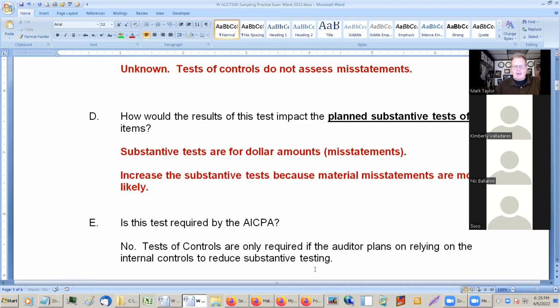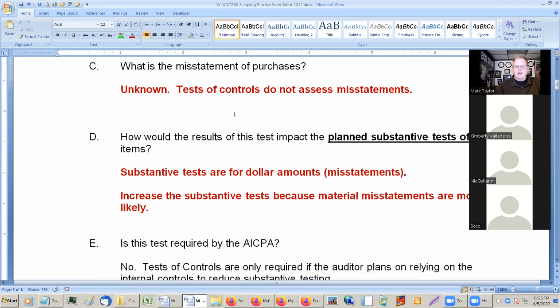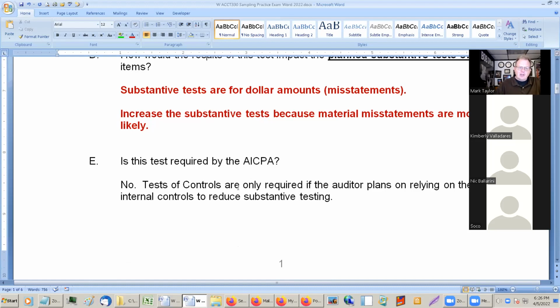So if you're not planning on relying on the test of control, it could be you go to an audit, you go, okay, look, I'm not going to do any test of controls. I'm just going to do a bunch more substantive testing. If you're not going to rely on the internal controls, you don't have to use test of controls.